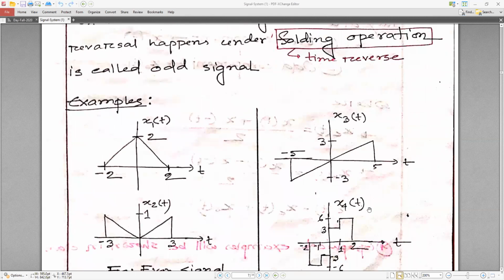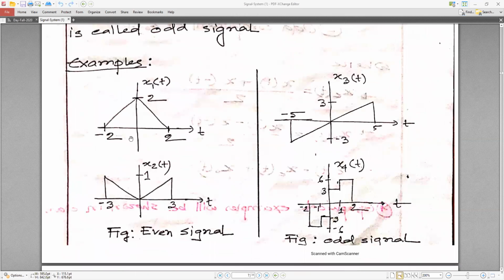Now look at the examples, from minus 2 to 2. These are the even signals, and these are the odd signals, because here when the time is changed, the magnitude has changed. See, the magnitude is the same here and here also, but here the magnitude is different.